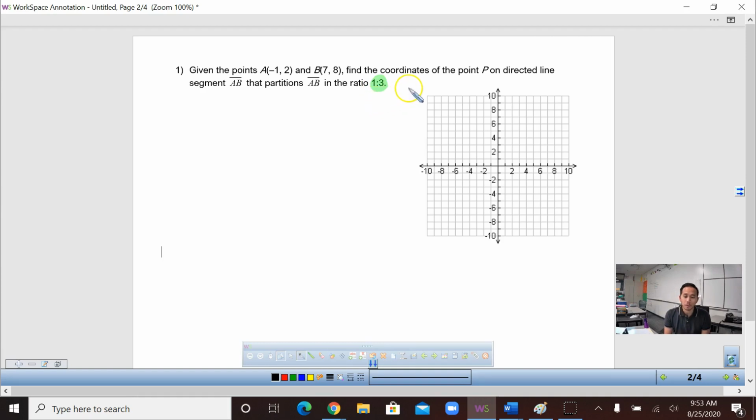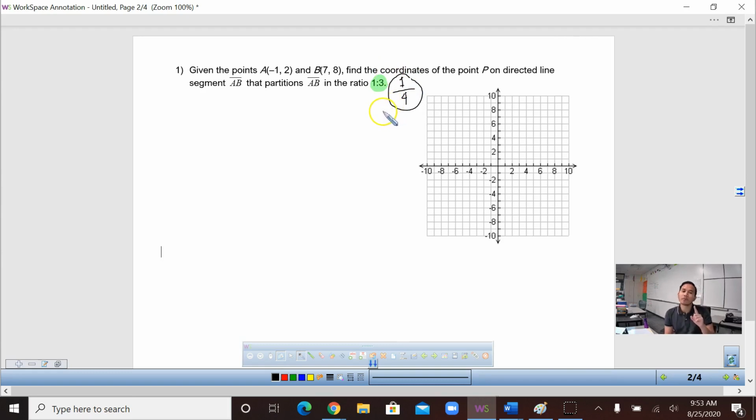So your first number will be your numerator, which is 1. And then your denominator is when you add these two numbers, 1 plus 3, which is 4. So we will be using 1/4.